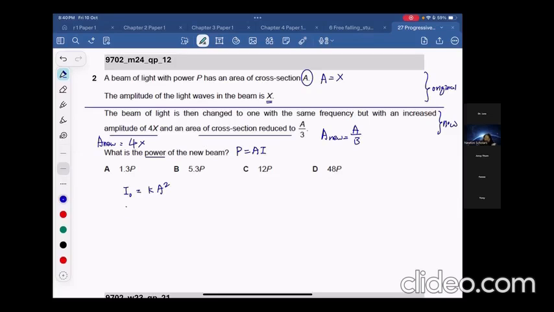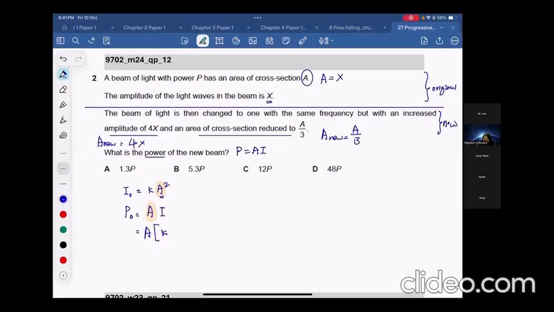So our original power is what? AI. Your A is area. A here is area. This A is called amplitude. These two A are different, dear. This is amplitude. This is area. They are different, although it's the same symbol. So this one A, don't move. Then this one is K.